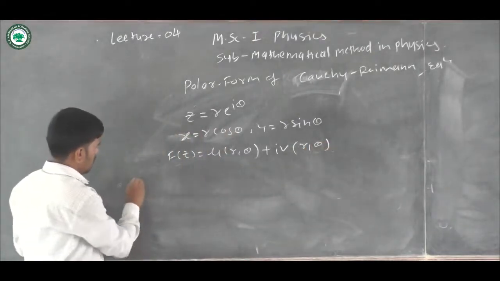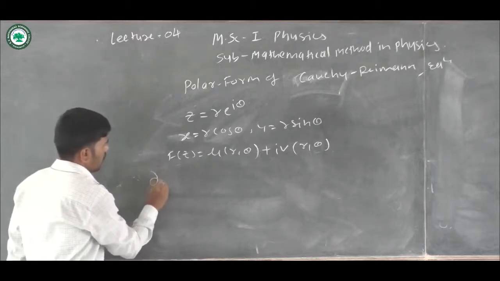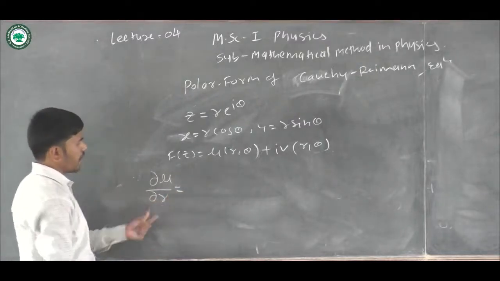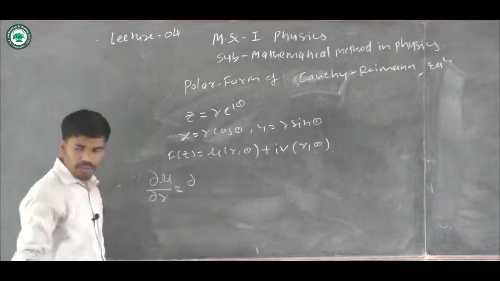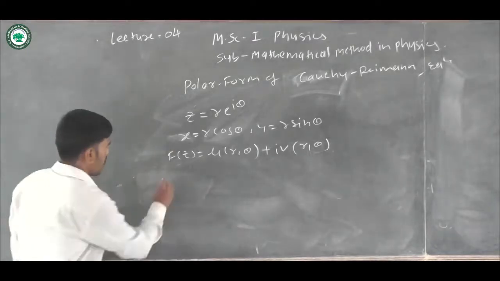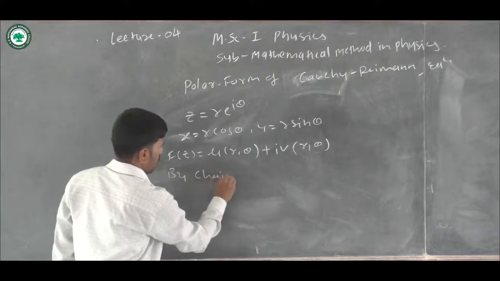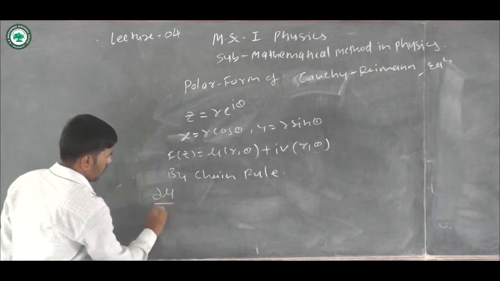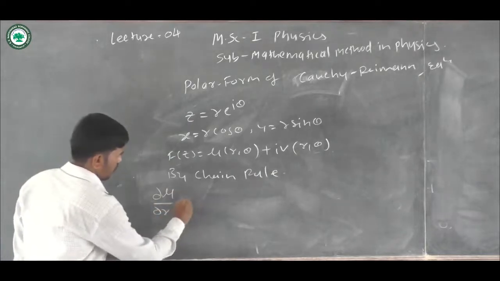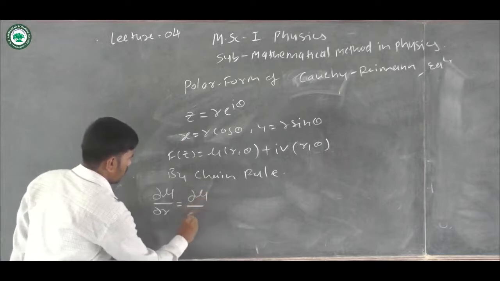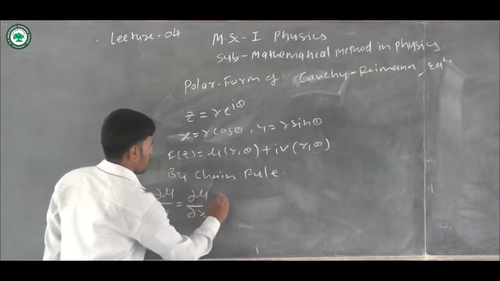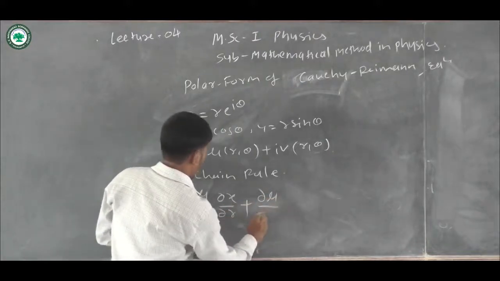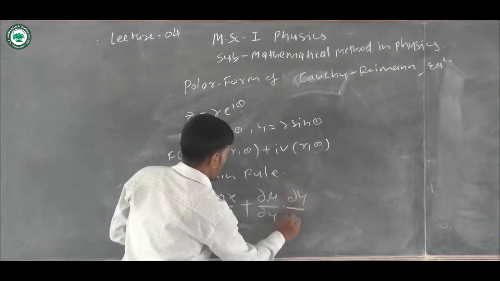Now if we differentiate u with respect to r, we can write by the chain rule ∂u/∂r = ∂u/∂x · ∂x/∂r + ∂u/∂y · ∂y/∂r.